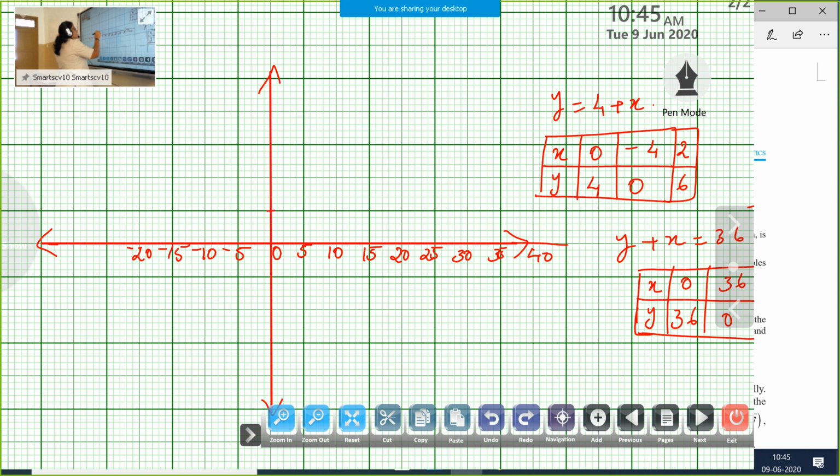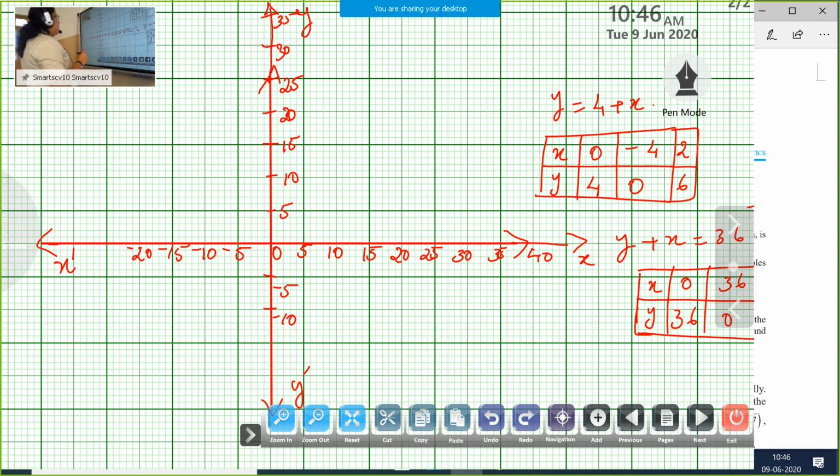On the other axis, 5, 10, 15, 20, 25, 30, 35, and minus 5, minus 10, and so on. This is our x axis, x and x dash, y and y dash.